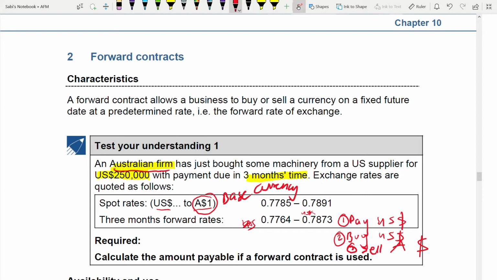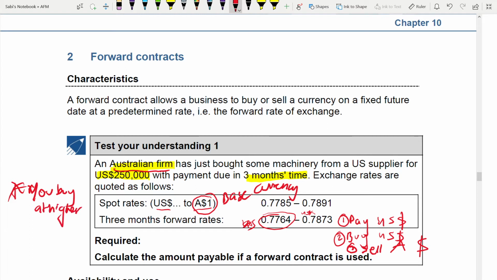Now you'll be selling at a lower rate or higher rate. I told you you will sell at a lower rate and buy at a higher rate. So you are selling here, so you will be selling at this lower rate. It's always like that. You buy at a higher rate.